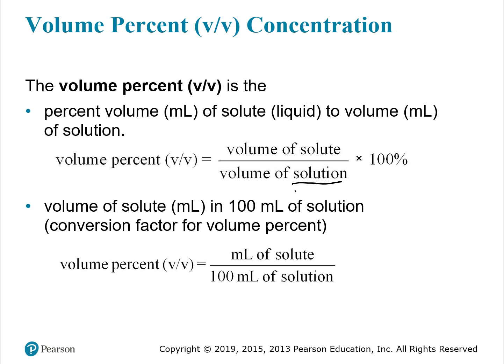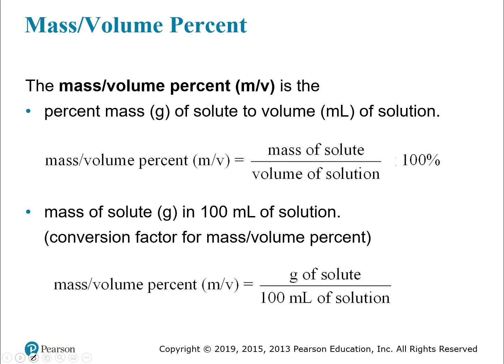Remember that the solution means solute plus solvent. Those volumes add. Again, we're going to talk about these percentages as conversion factors in just a second. I just want to introduce the other type.